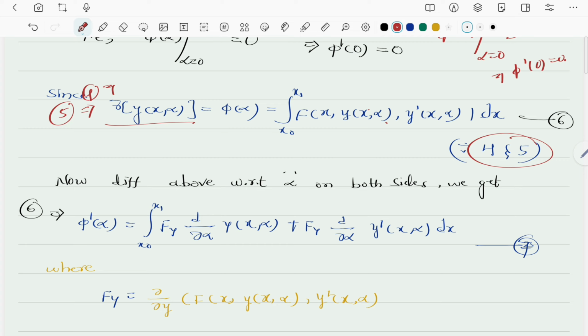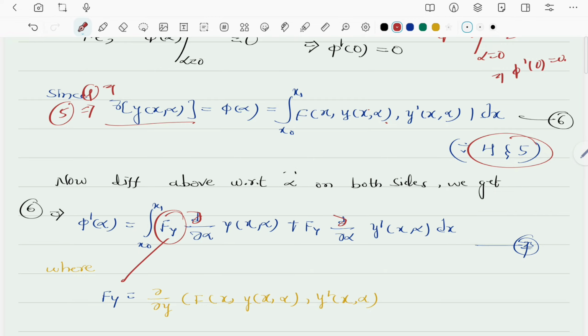After the integral, it becomes a partial derivative. Therefore, phi dash of alpha is the integral from x0 to x1 of fy into the partial derivative with respect to alpha of y of x comma alpha, plus fy dash into the partial derivative with respect to alpha of y dash of x comma alpha, dx.